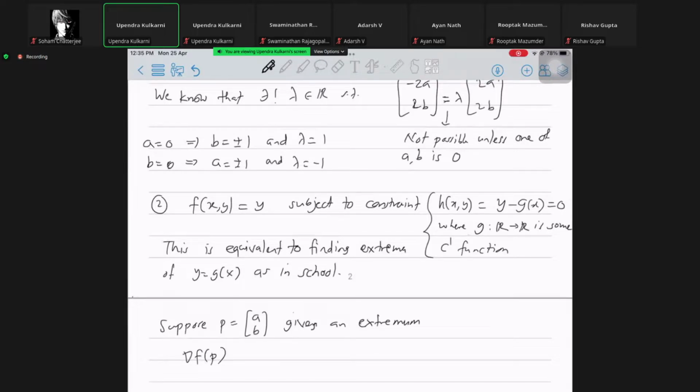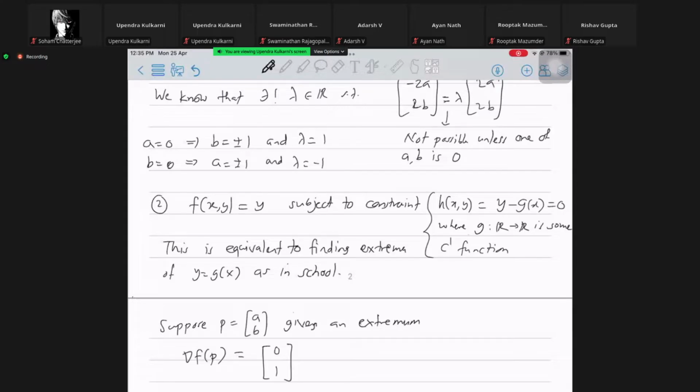Well, we calculate the partial with respect to x and the partial with respect to y at the point a comma b, and just write them as a column vector. So what is it? 0, 1.